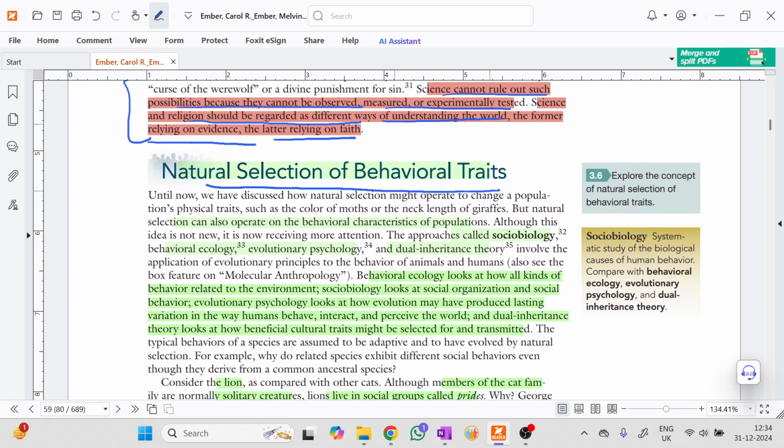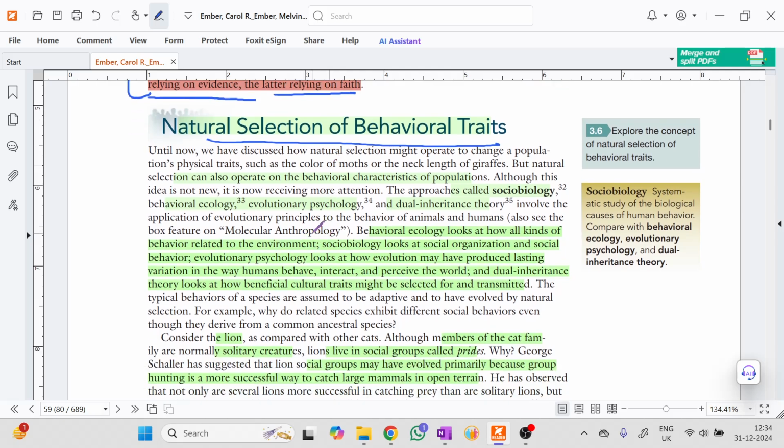Then let's talk about natural selection of behavioral traits. We know that physical traits can change in a population, and we have evidence of natural selection acting on them. But what about the behavioral characteristics of a population?